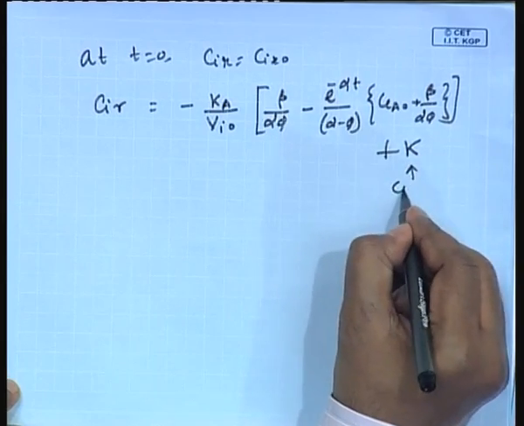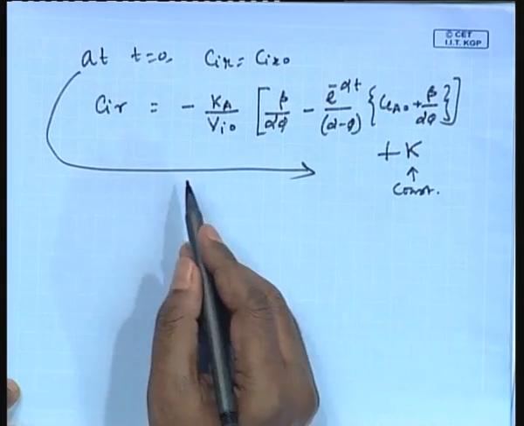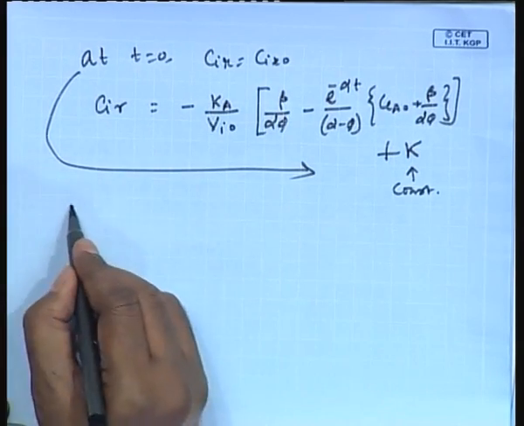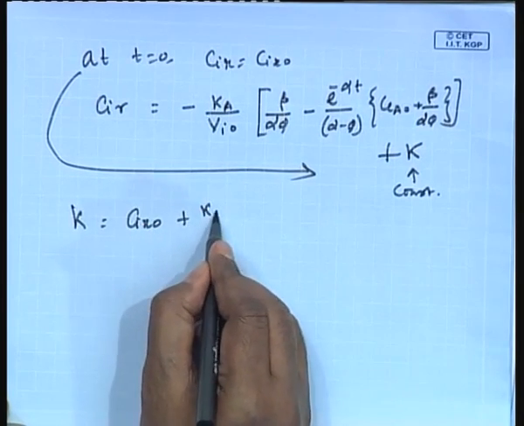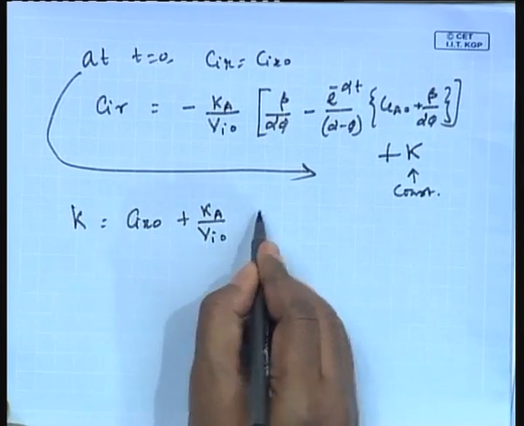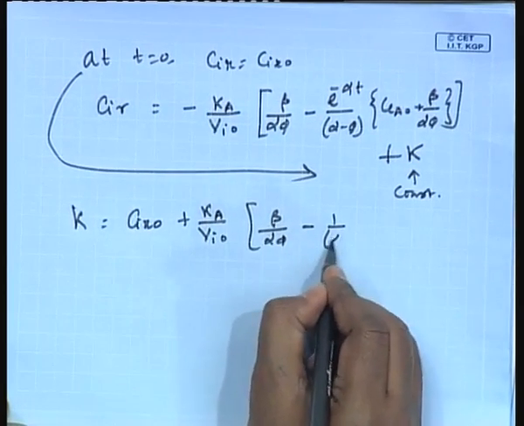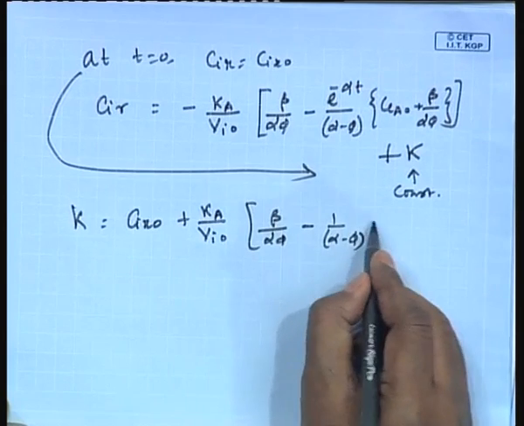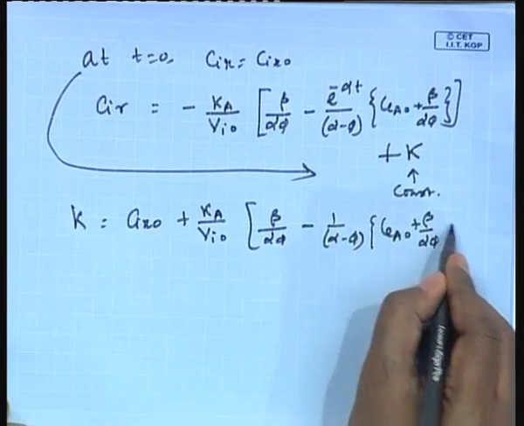This is a constant of integration. This constant of integration can be evaluated once you use the initial condition, and this k turns out to be C_IR0 plus k_a divided by V_I0 times beta by alpha phi minus 1 by alpha minus phi, times C_Ea0 plus beta divided by alpha phi.